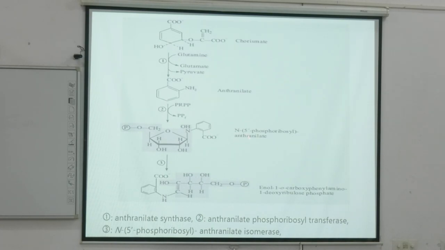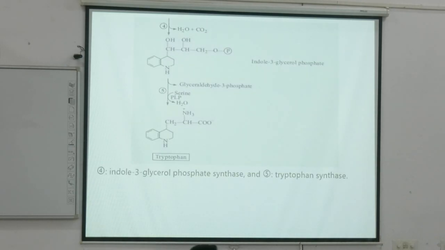Then you will have a transferase reaction to form enol carboxyphenylamino deoxyribulose phosphate, and then after a series of reactions it will become indole 3-glycerol phosphate.